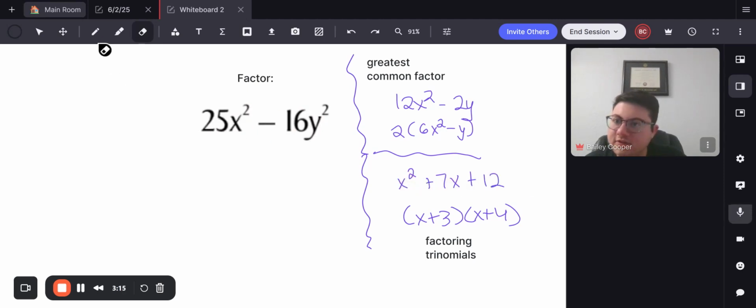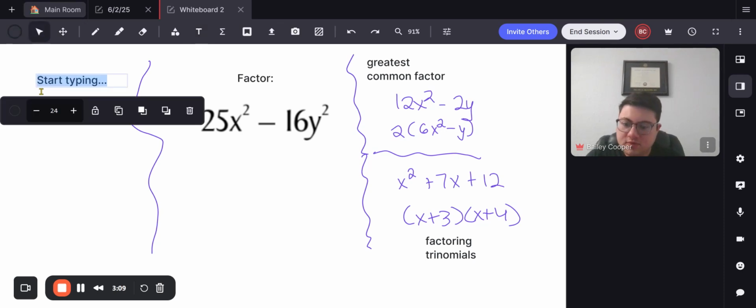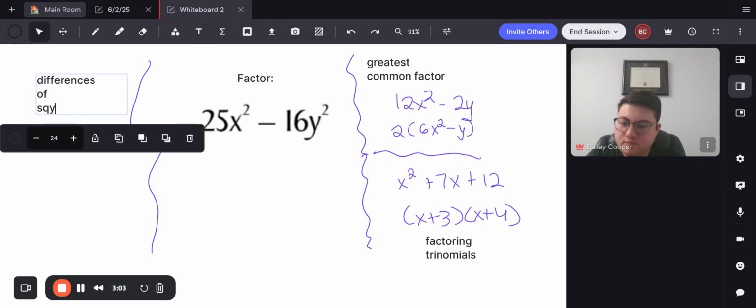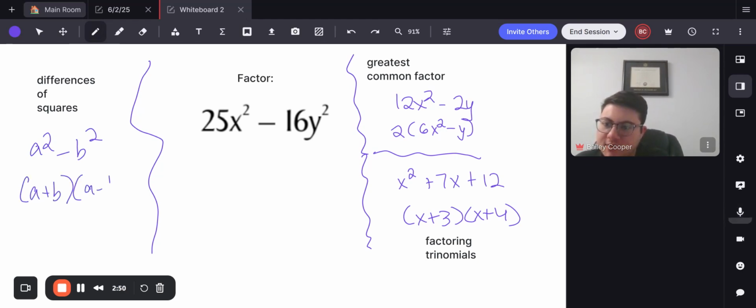And there's one other type of factoring that's called differences of squares. So I'm going to make some room over here. Differences of squares. And the way that this looks is if you have something in the form of a squared minus b squared, this factors out to a plus b, a minus b.